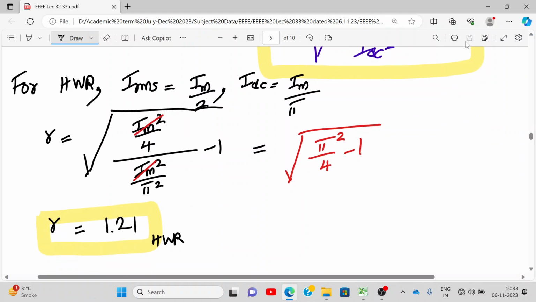Square root of pi square by 4 minus 1, is it 1.21? So it's very high. The half wave rectifier is pretty bad because the ripple content is more than 1.21, that is 121%. It should be less than 1.